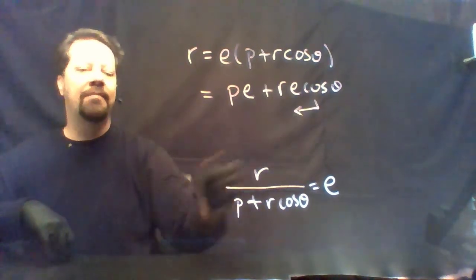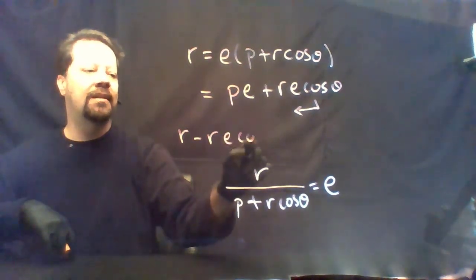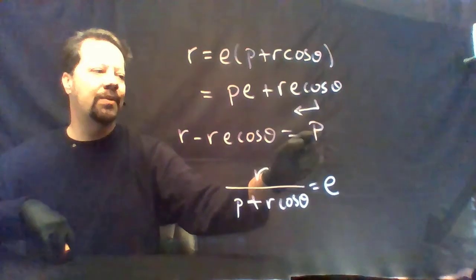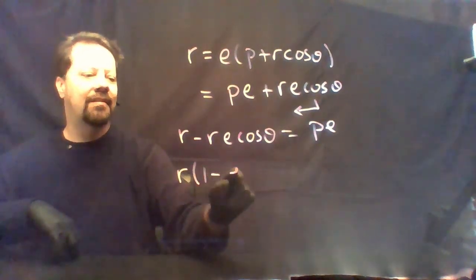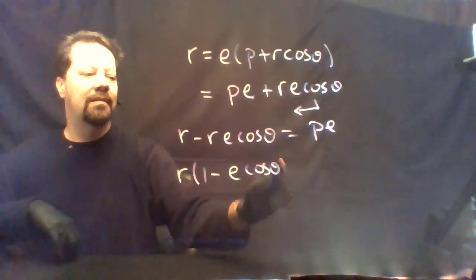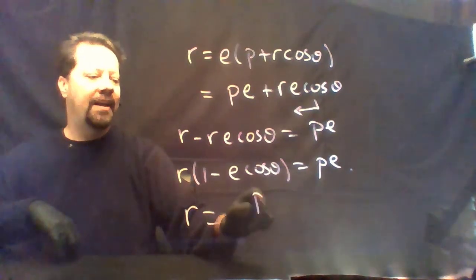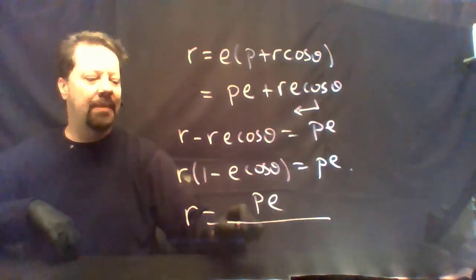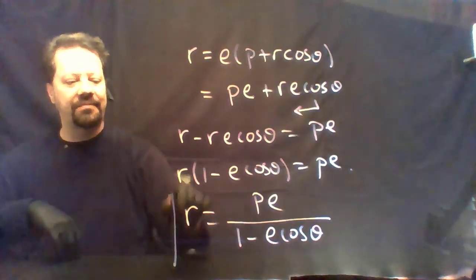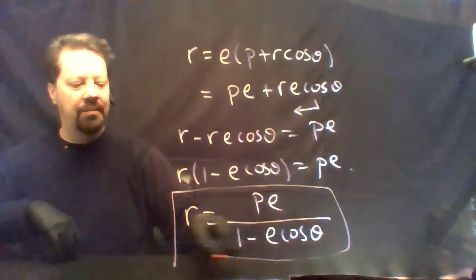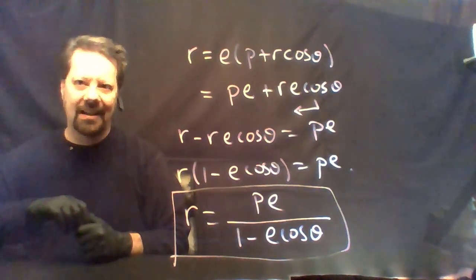We'll move the r term to the left and get r minus re cosine theta equals pe. Factoring r out and solving for r, we have pe divided by 1 minus e cosine theta. I give you the polar form of conic sections.